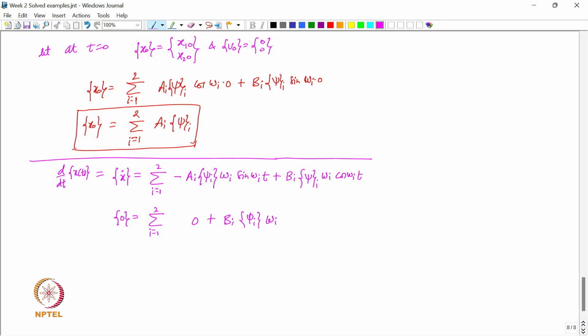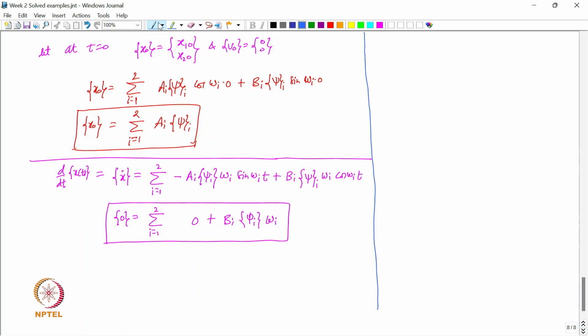Okay. So, therefore, this is the second expression we got. So, we can now solve this equation.